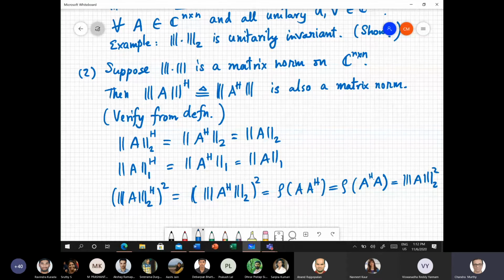Okay, so I'm slipping in two different things here. One is that I'm showing that the spectral norm of A is invariant to doing this H operation. The H norm of the spectral norm is the spectral norm itself.